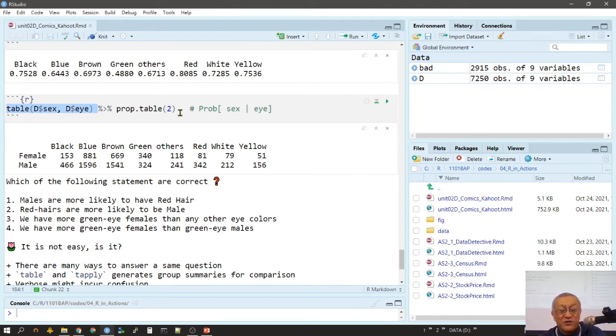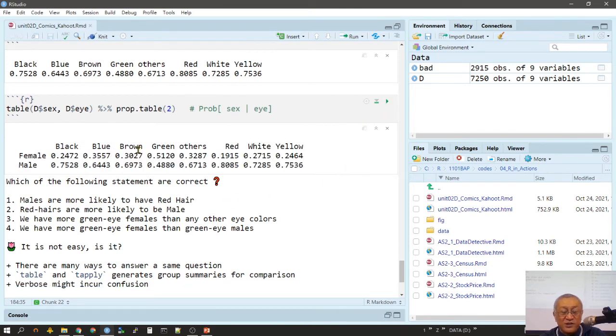If I turn it into fraction in this way, then I'm testing the fraction of male and female, right? So if I do it with 2, every column would add to 1.